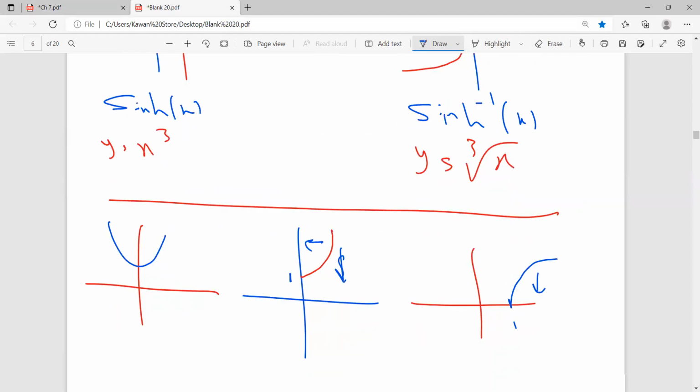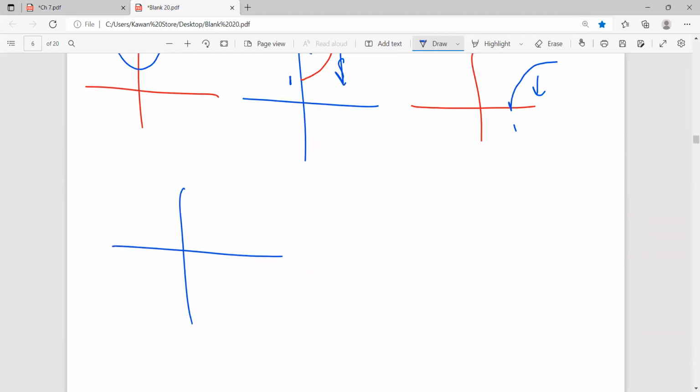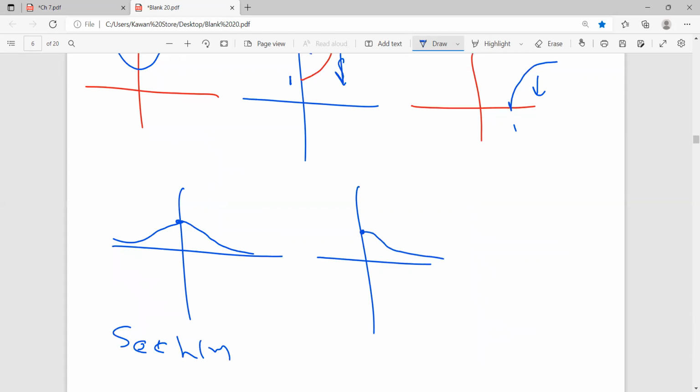The same thing is true for sech x: the graph was like that, and 1 is going to be here. So I'm going to change it like that and find the inverse, from 1 close to 0.